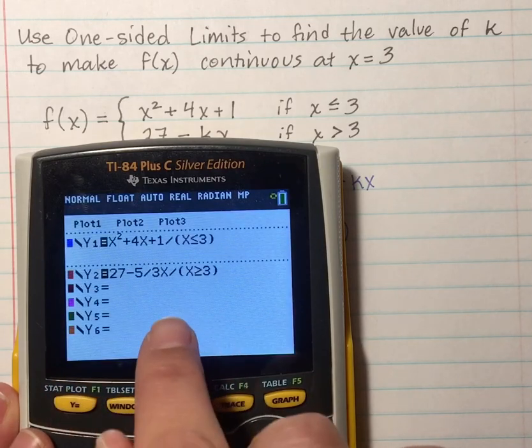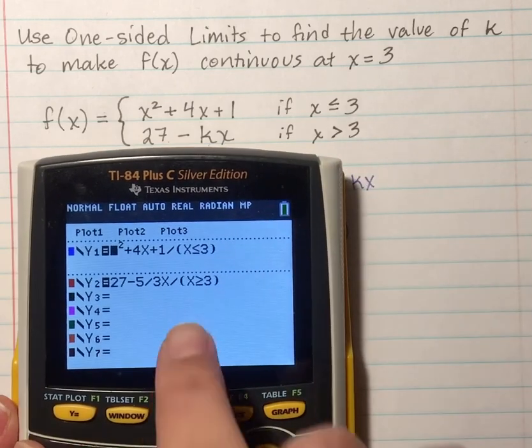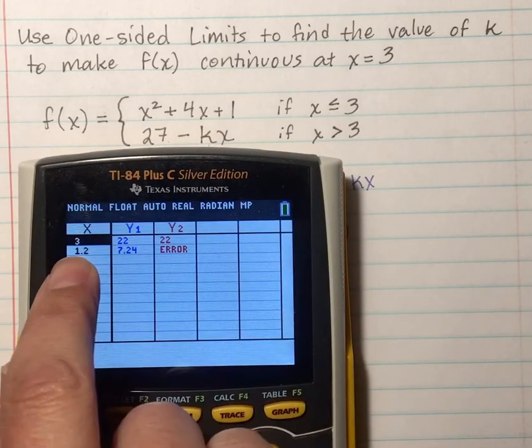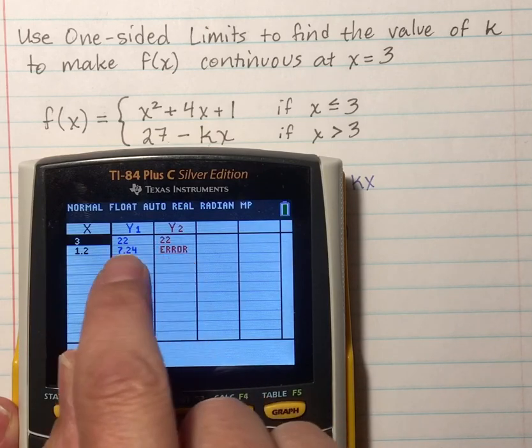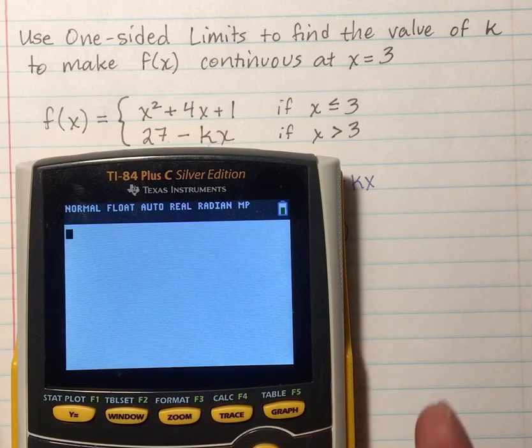I will say I did the cheat of, instead of a strictly greater than, using greater than or equals. That way, when I look at my table at 3, I can see that 22 is on both of them. So I've checked my work.